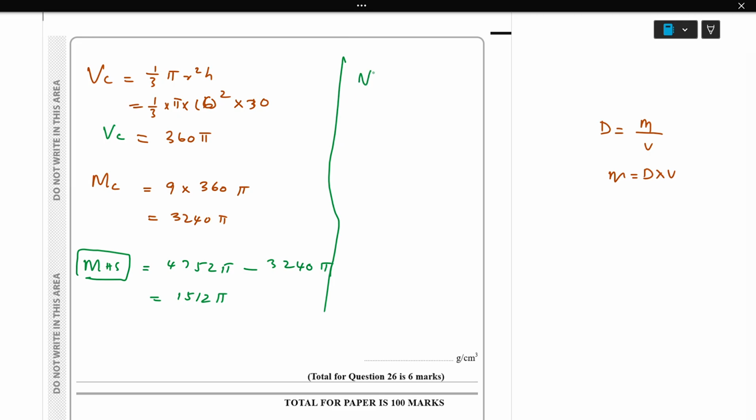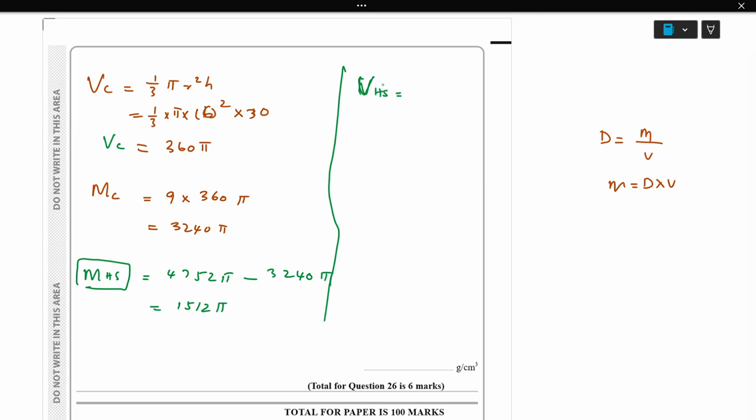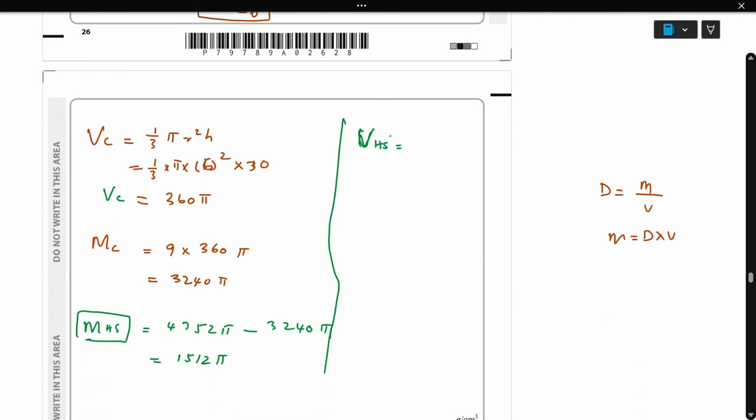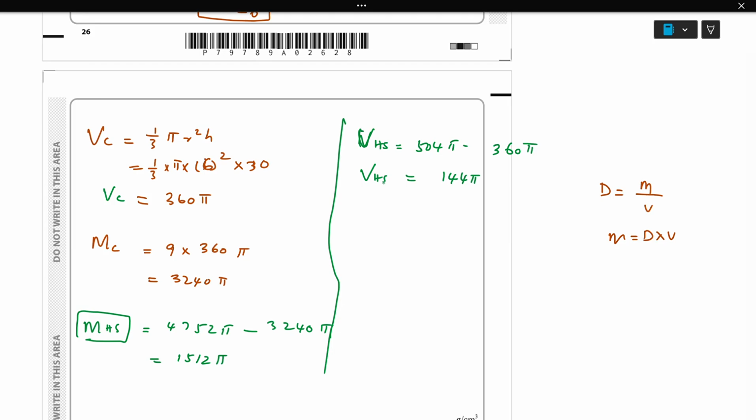Volume of hemisphere equal to 504 pi minus 360 pi, which is the volume of the cone. So we'll get 144 pi, and this is the volume of hemisphere.